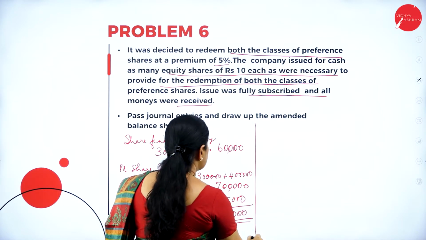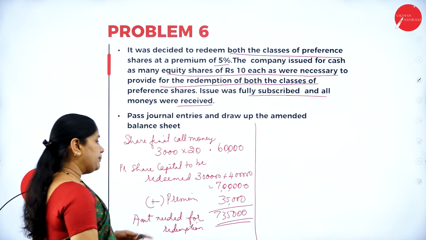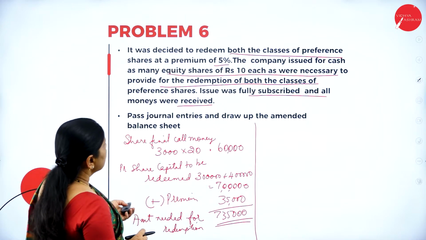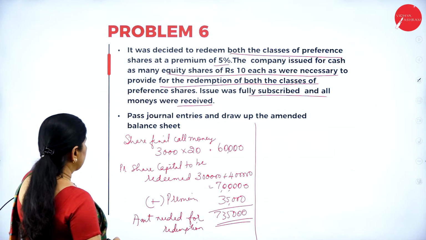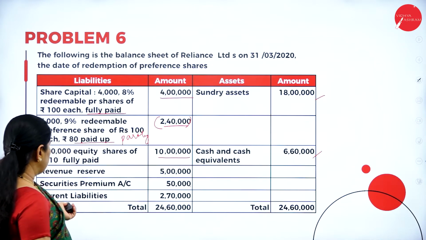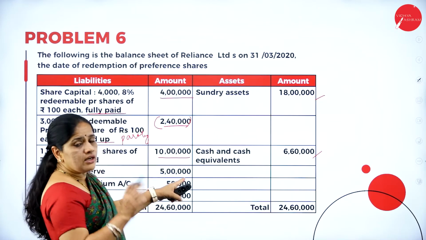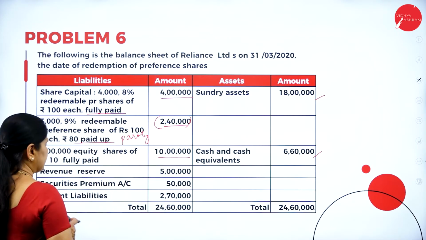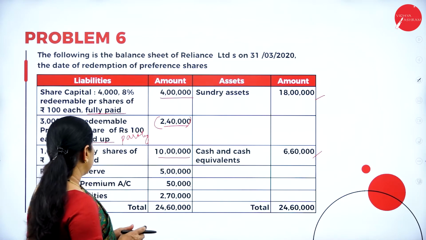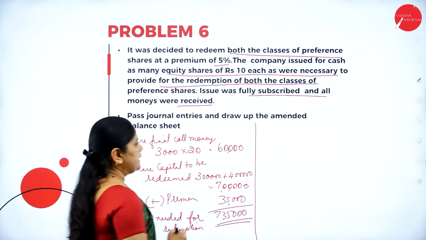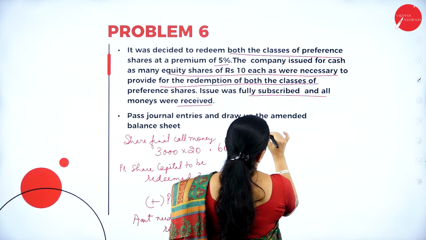Now, the next thing is we have to provide for the premium. So the premium money is 35,000. So we have to see whether there is a premium account here. So securities premium account, there is already 50,000. So from this we can take the 35,000 for the premium. Then the next thing is, so I will write premium payable.